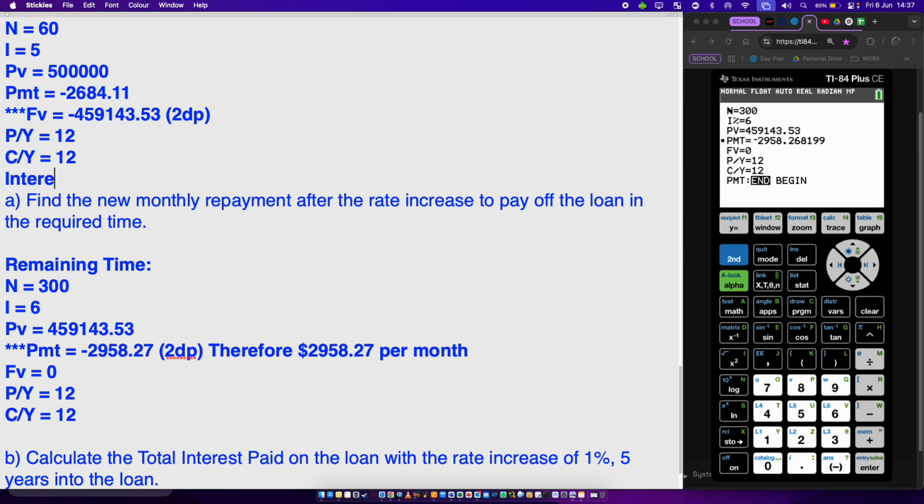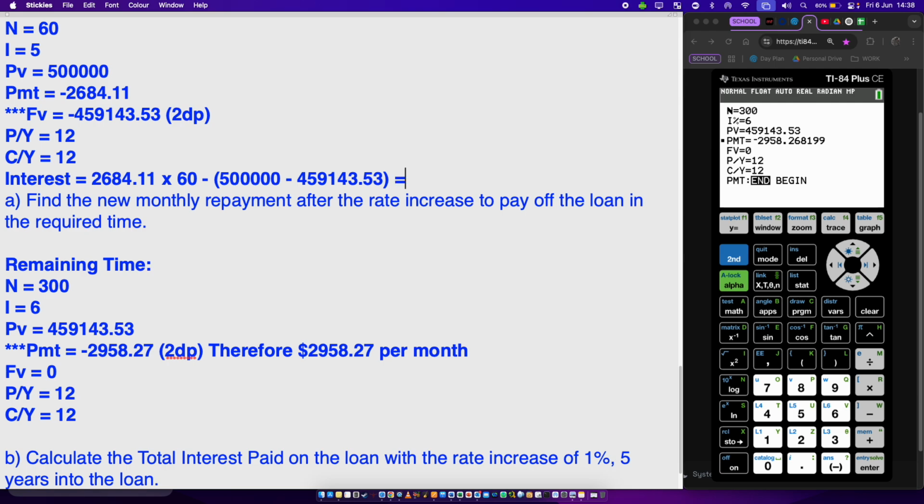Interest is going to be the payments, 2684.11 times by how many payments did I make in the first 5 years? I made 60 payments minus PV. I started off with a debt of 500,000, but I only got the debt down to 459,143.53.